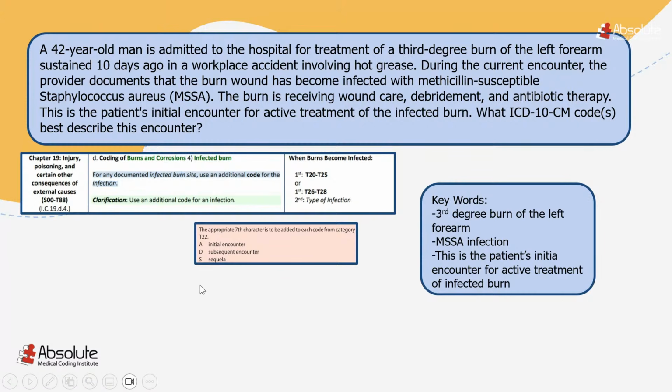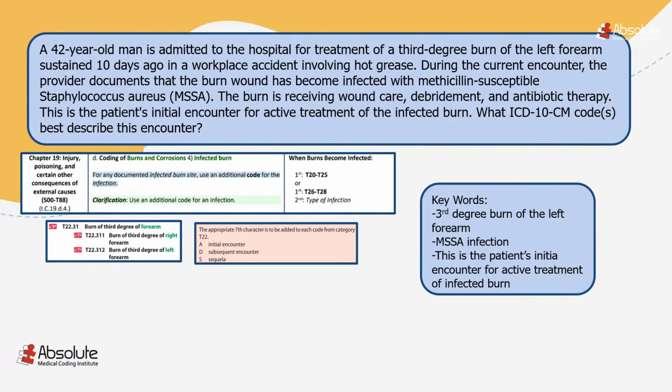So that is why I have this little clip up here, and then we are going to choose our first code, and that is going to be our burn. So we have our burn of 3rd degree of the forearm, again, because that's what the keywords are telling us.